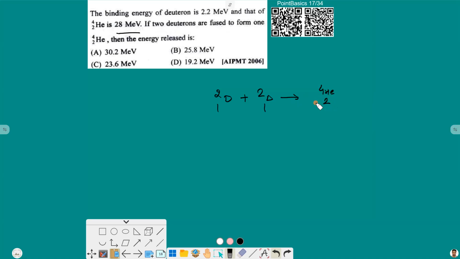Now we have to find the energy released. Delta E, the energy released, will be equal to the total binding energy of the helium atom, given as 28 MeV, minus the total binding energy of the parents, that will be 2 into 2.2. So this will be around 23.6 MeV. So option C.